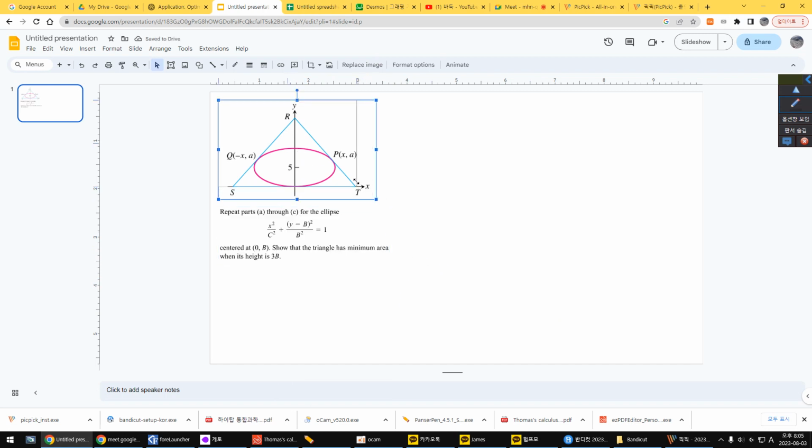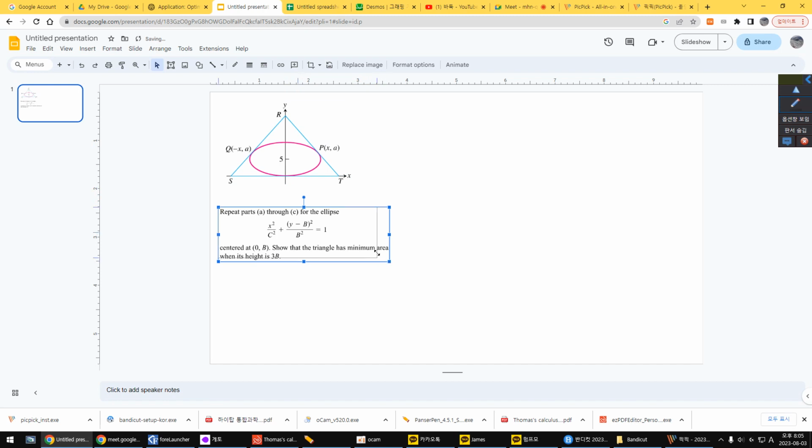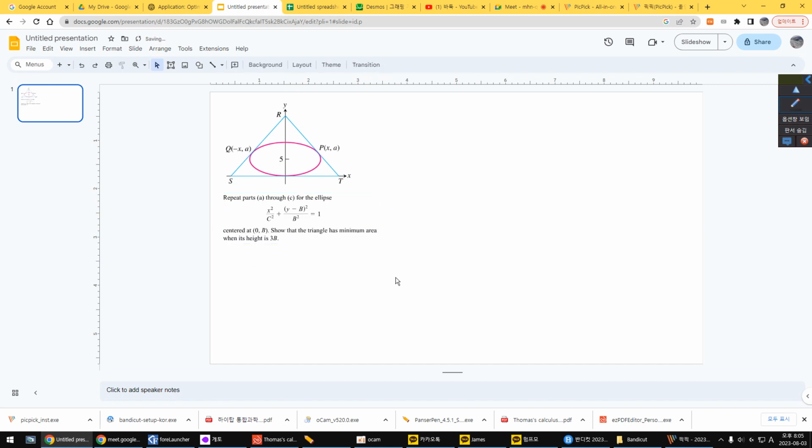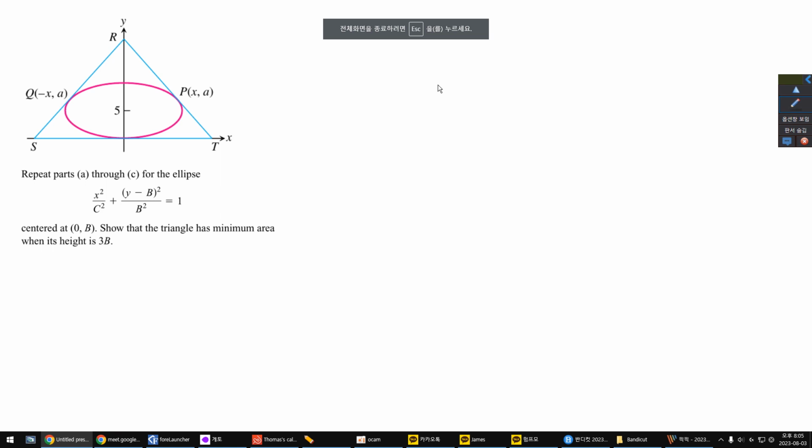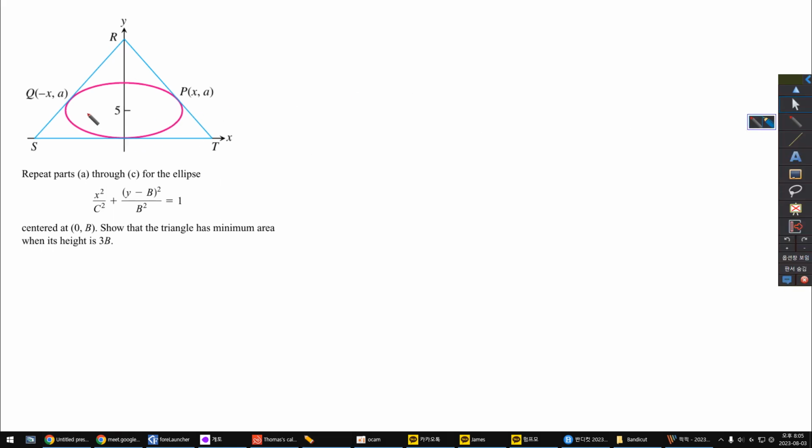Yeah, so to make the process simpler, I'm going to bring down this ellipse to make the center of the ellipse located at the origin. That's the usual coordinate for the ellipse.